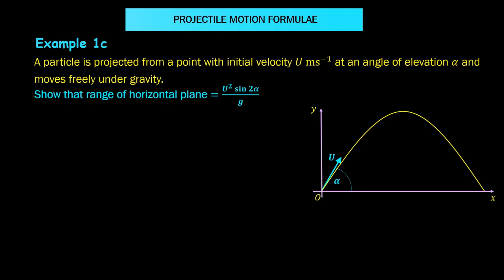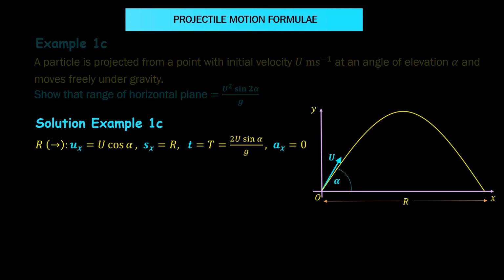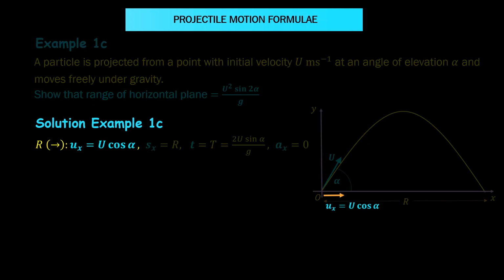Now let's take a look at part C. We are required to show that the range of the horizontal plane equals u squared sine 2 alpha over g. So let's solve this. If we resolve horizontally, we have that ux equals u cos alpha, as shown here.